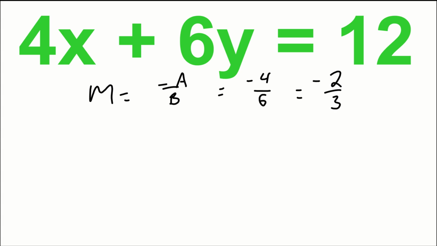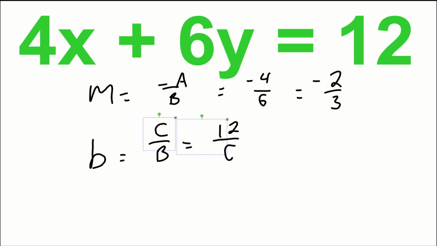Our y-intercept then, we are doing c over b, right? My c value is what? 12. B value, still 6. 12 over 6 is 2. So now when I write it, I've got y equals mx plus b.